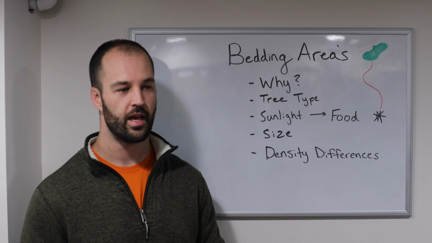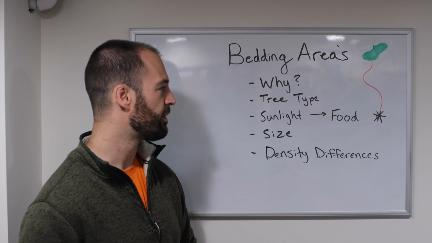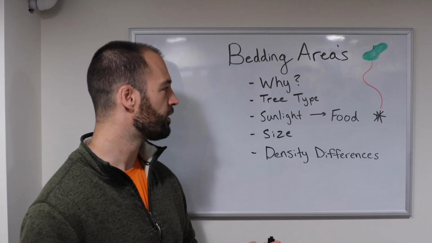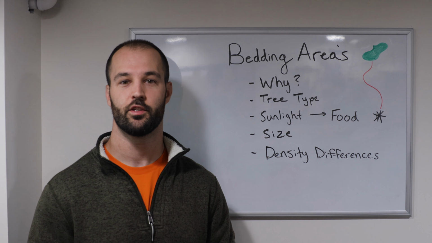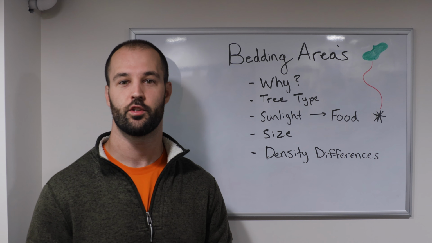There's a lot of different variables we're going to be talking about in a second, like sunlight, and when we get that, it's advantageous to us to look at the trees and see what trees are in the area that we're going to be cutting for our bedding area.